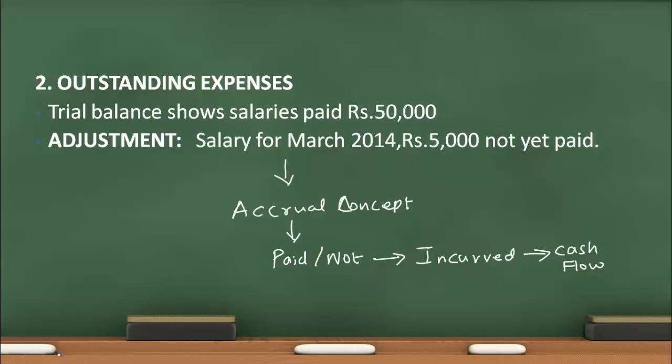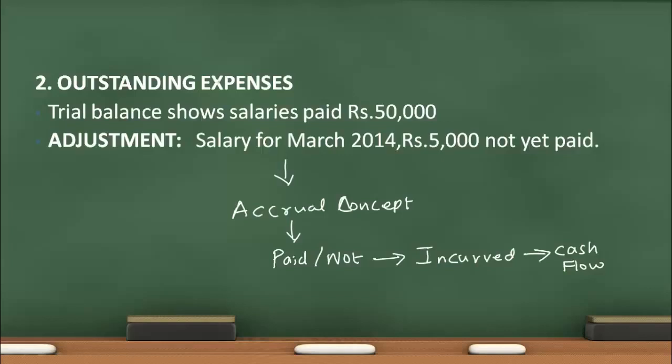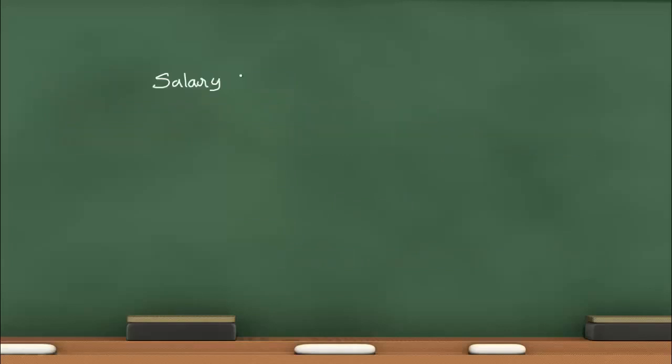So what is going to be the accounting effect for this adjustment? See, the salary paid by the company till that date was 50,000. So salary paid is 50,000, whereas unpaid salary is 5,000.